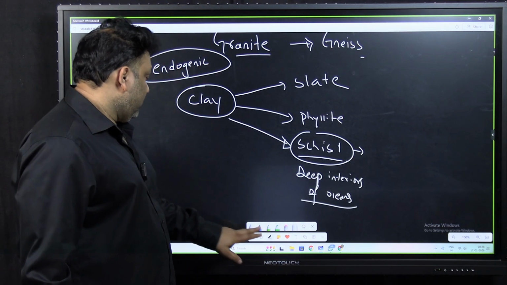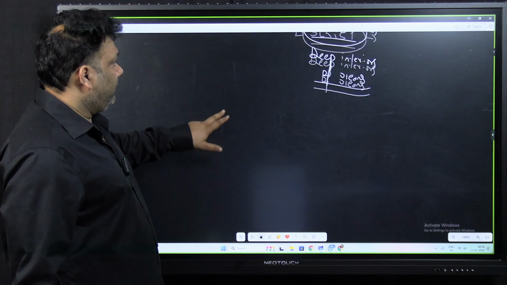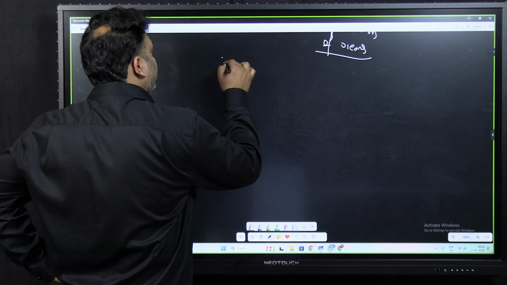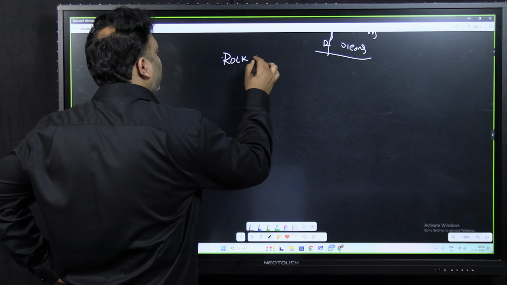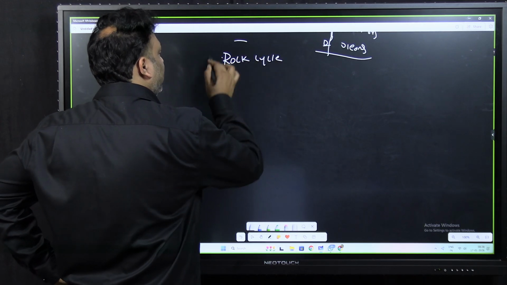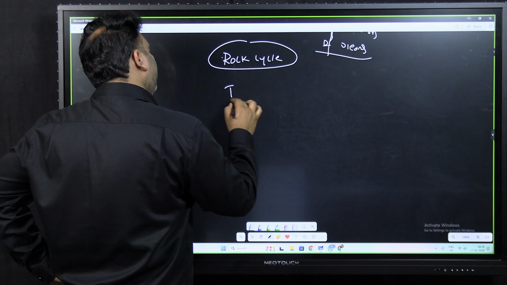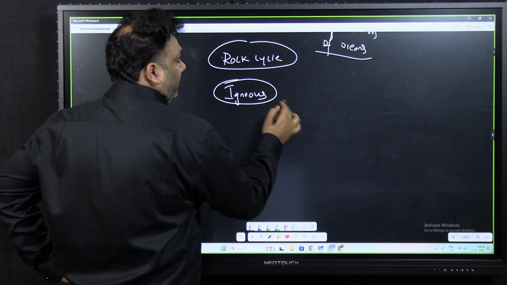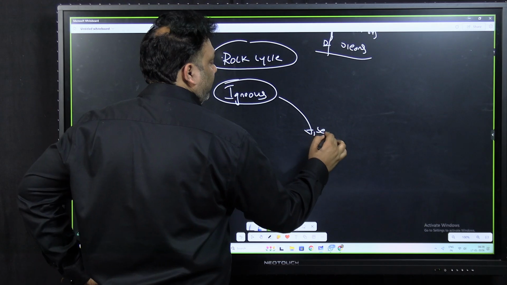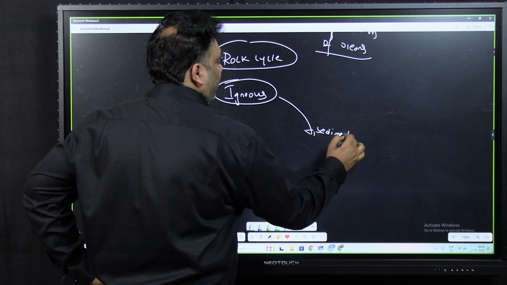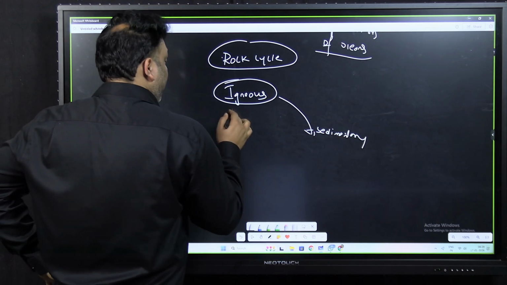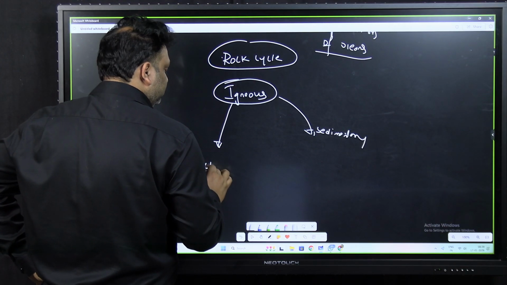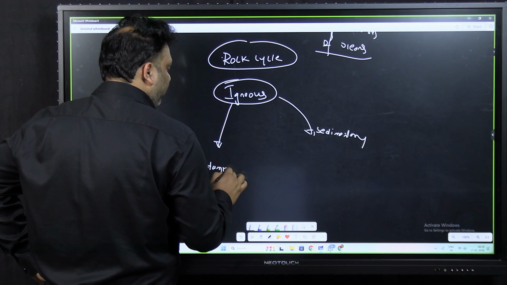And next one is, they can also ask a question, what is rock cycle? Rock cycle. See, igneous rock can become a sedimentary rock. And igneous rock can also become metamorphic rock.